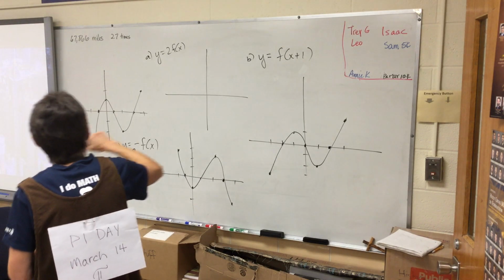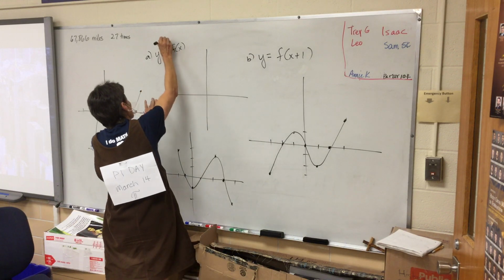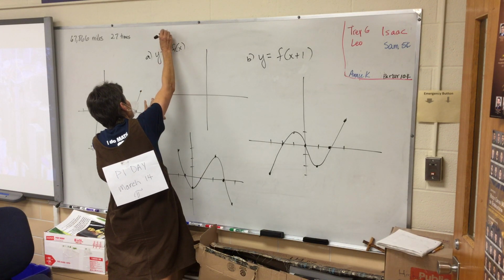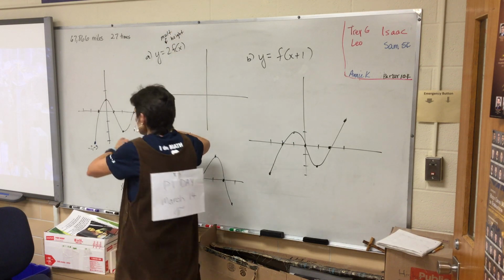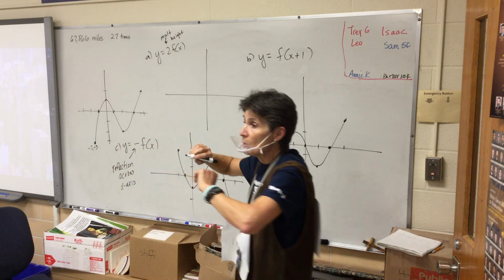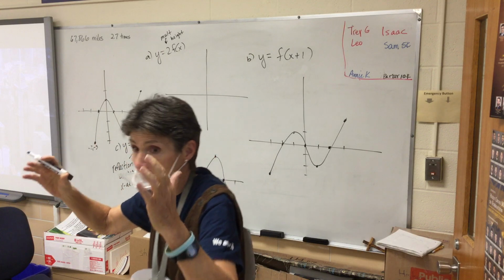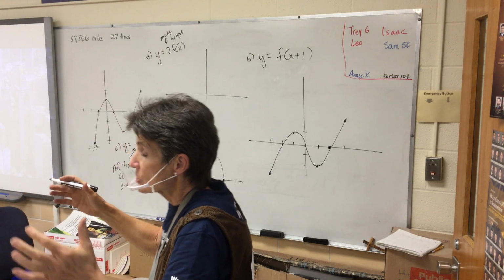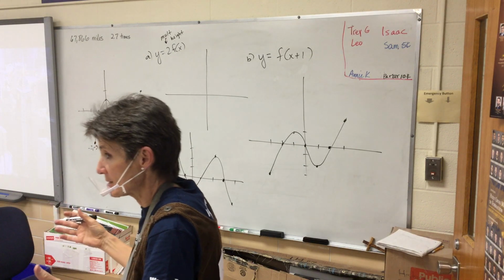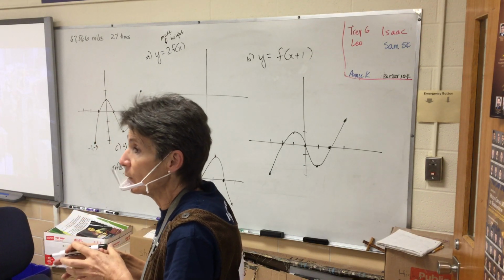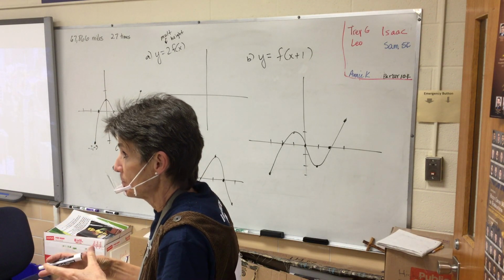So this number right here multiplies the height of the curve. However tall the original was, whatever the y was in the original, it's now going to be doubled.